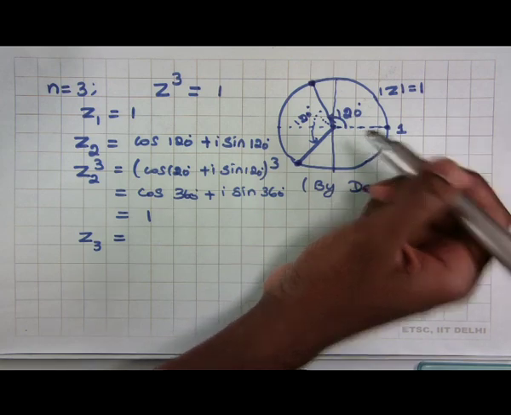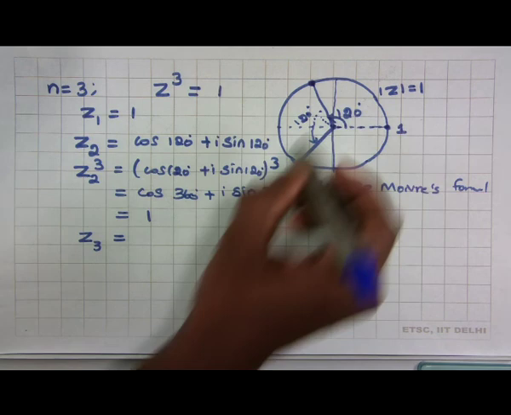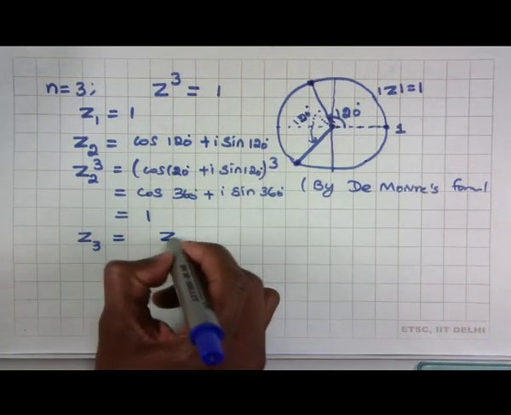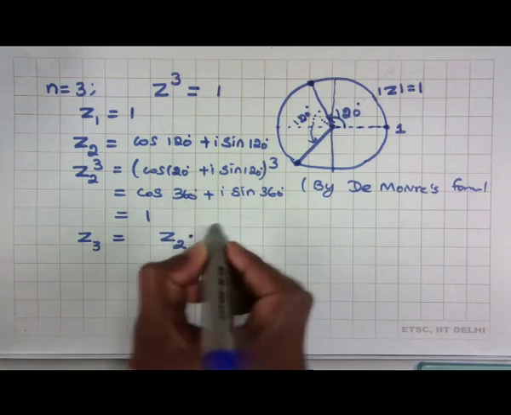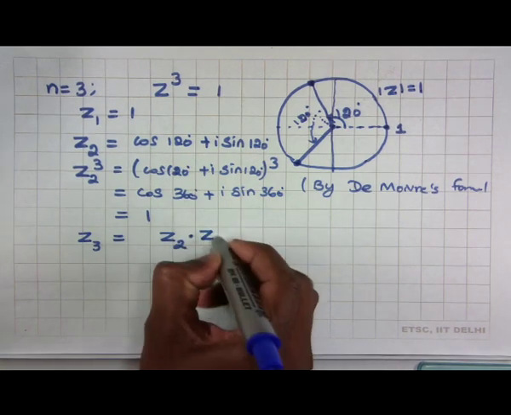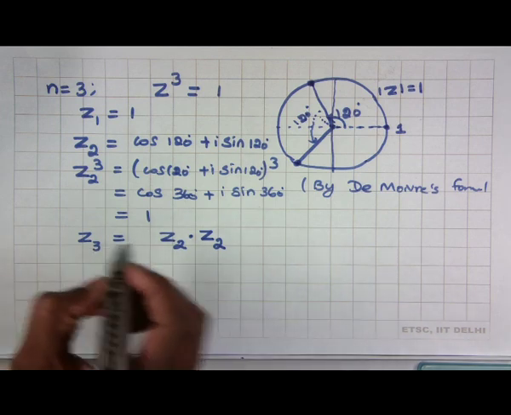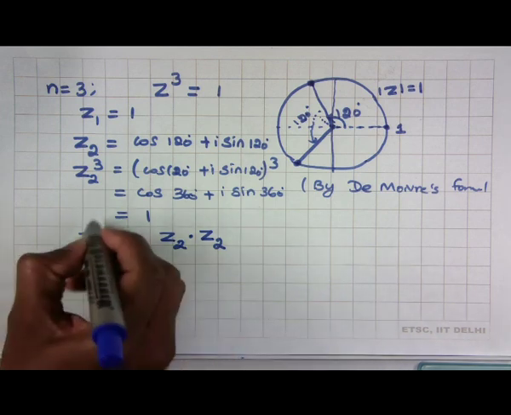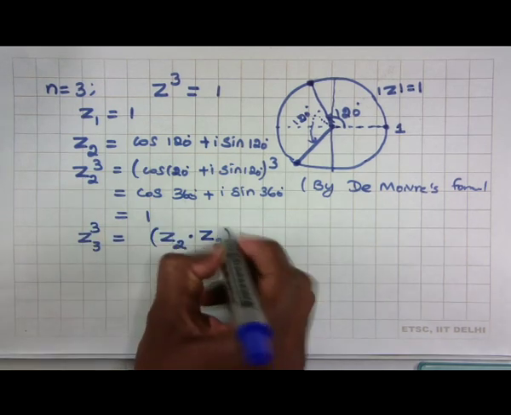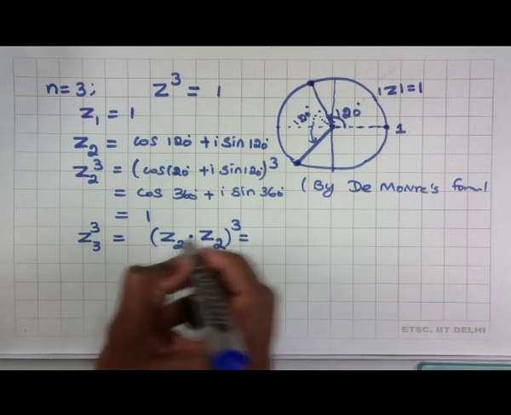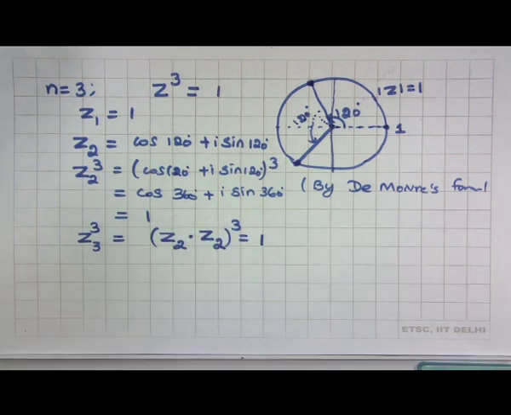So, originally this 120 degree comes from Z2, and Z3 is nothing but you multiply by Z2 itself. Now, you take the power 3, and you see that Z2 cube is 1. So, we see that it is 1.